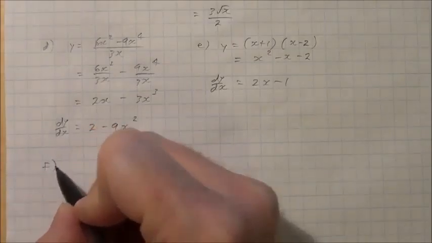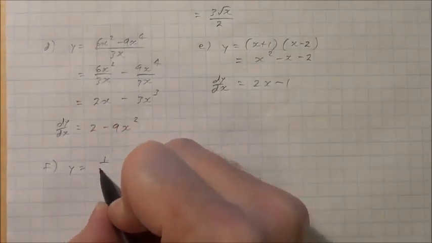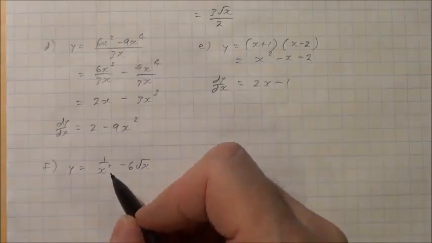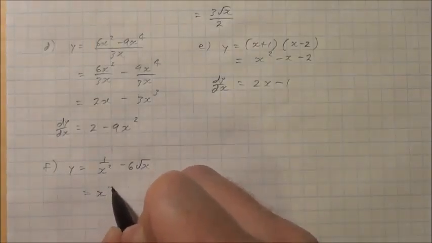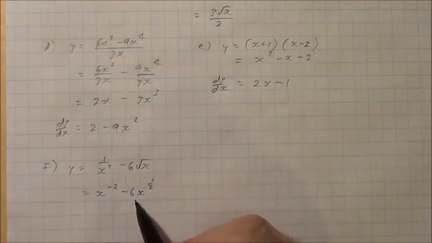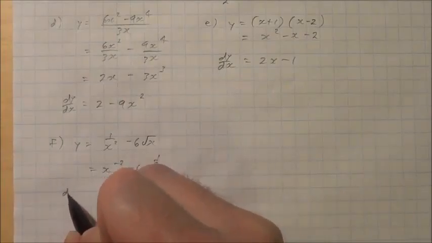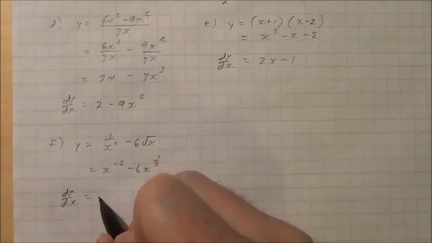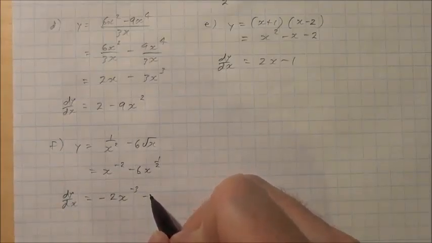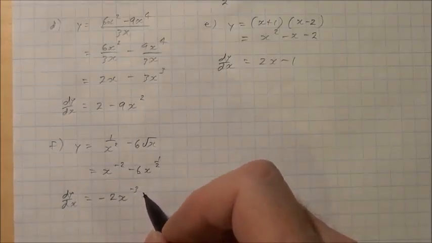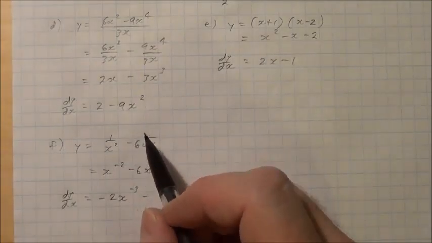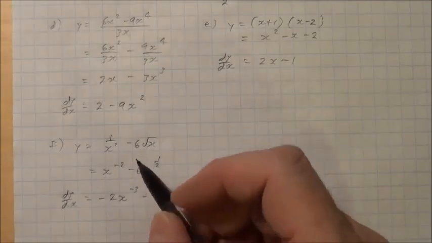Moving along to part F, y equals 1 over x squared minus 6 root x, and this gives me x to the negative 2 minus 6x to the 1 half, and now I can take the derivative of that, giving me negative 2x to the negative 3. Sorry about that, I made a mistake.